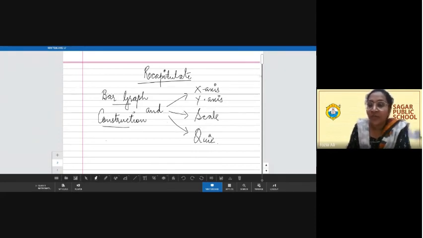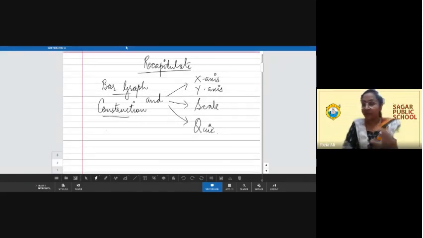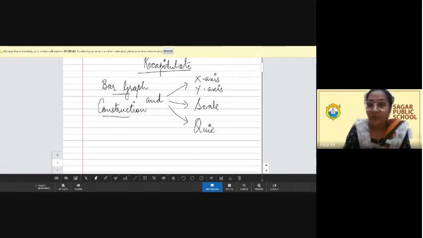What are the do's and don'ts when you are making a bar graph? You should always remember that the height of the bars should be proper according to the observations, according to the data which are given to you. Scale should be proper. Then the width of the bars should be equal throughout. Then the spacing between the bars should be the same. It should be equal throughout the bar graph. So all these things you need to keep in mind while making a bar graph.